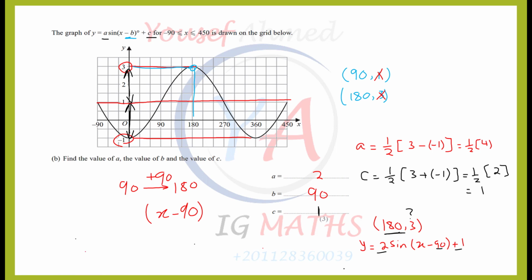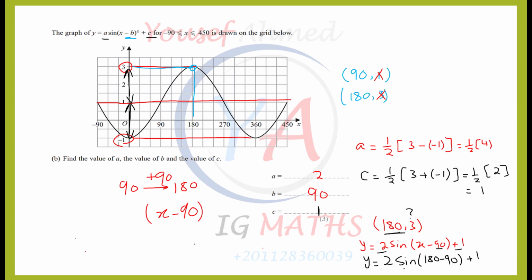Let's go on here. So y is equal to 2 multiplied by sine (180 minus 90), plus 1. First of all, you need to check what's the value of what's inside the bracket. 180 minus 90 is 90.